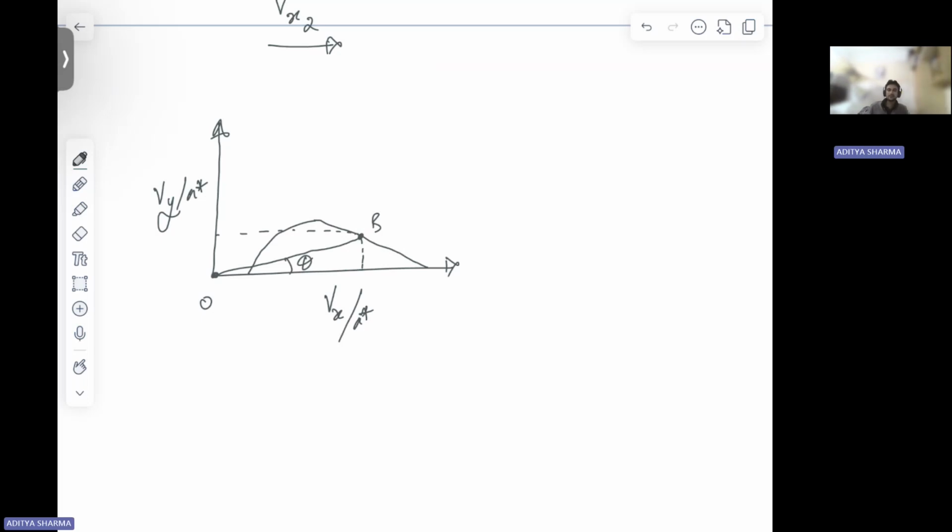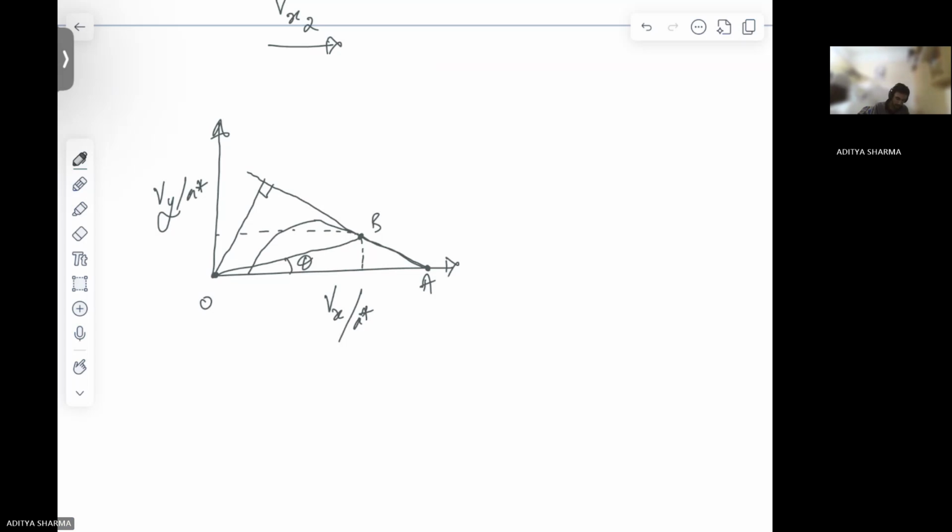Now from this diagram, we can get the wave angle also. And how so? So what we will do from this end, I'll call it A. From this end, I'll draw a line that will pass through B. And from origin, I'll draw a perpendicular to this line.